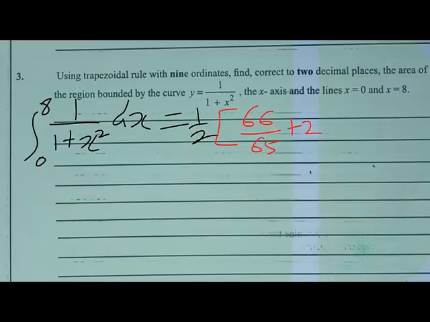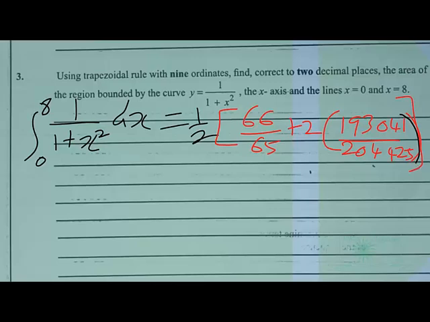193041 over 204425. If you like, you can work in decimals. So let's simplify this.